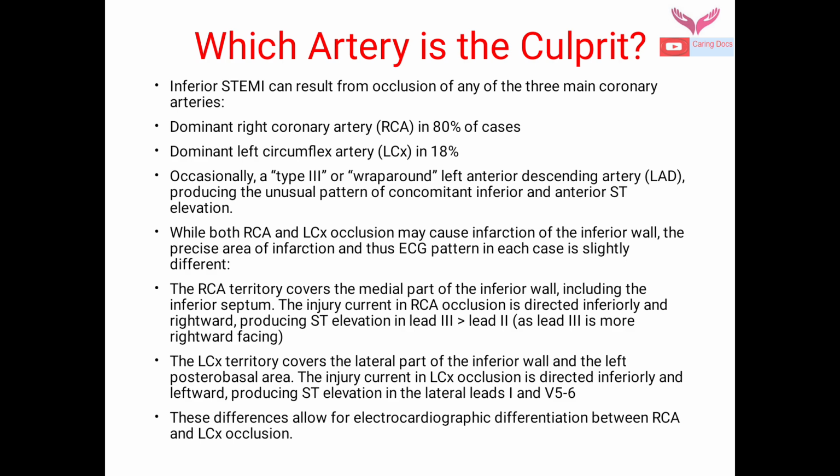The left circumflex territory covers the lateral part of the inferior wall and the left posterior basal area. The injury current in left circumflex occlusion is directed inferiorly and leftward, producing ST elevation in the lateral leads, lead 1 and V5, V6. These differences show the electrocardiographic differentiation between right coronary and left circumflex occlusion.